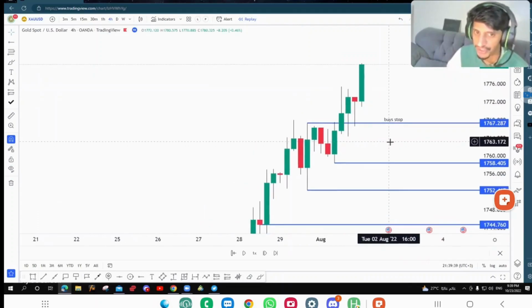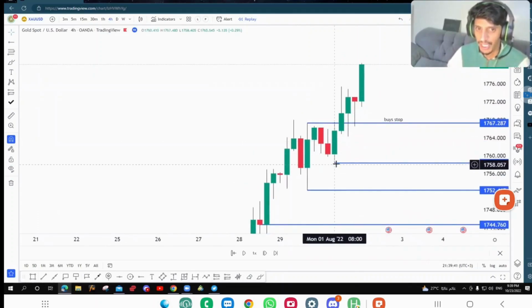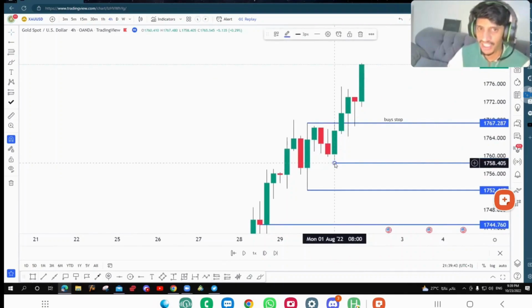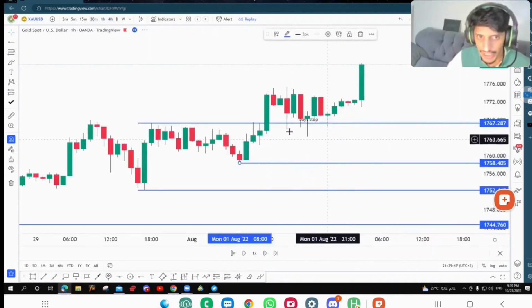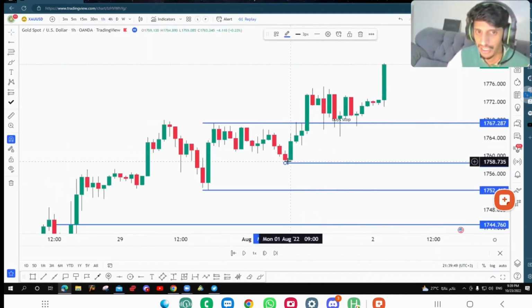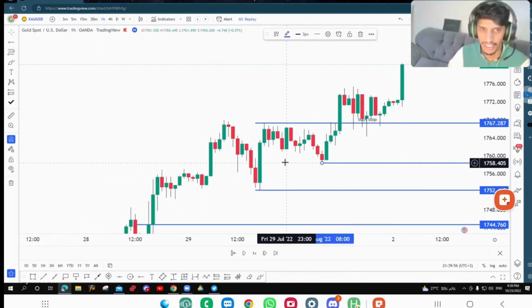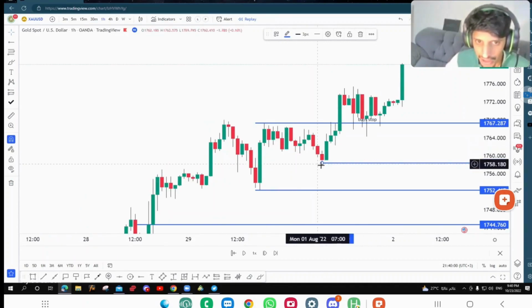If you are a swing trader, it's not only 80 pips; we can go to the 1 hour time frame and find a better stop loss placement, below the support. So now this stop loss was here, right?